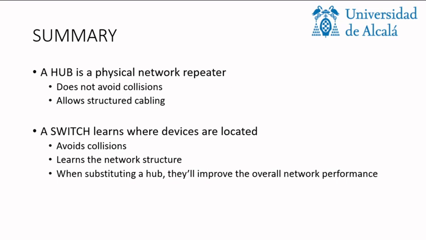So the difference with a switch is a switch learns where devices are located, hence avoiding collisions, and it learns the network structure, and when substituting a hub, it improves the overall network performance in general.